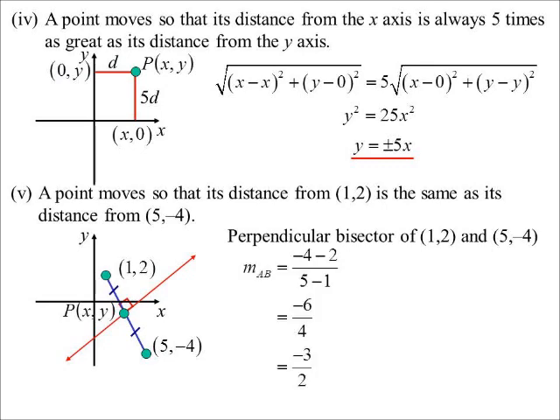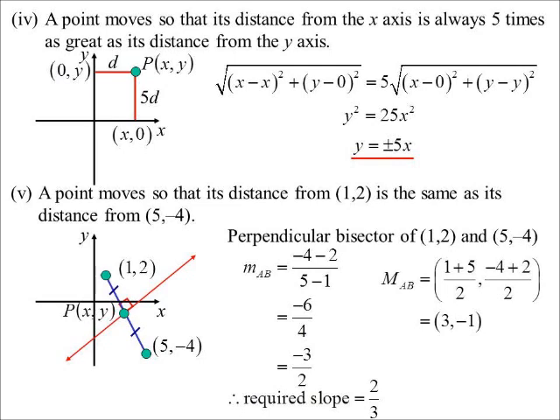So the slope of the blue line is minus 3 on 2. So the red line would be 2/3, the negative inverse. And the midpoint is 3, negative 1. We have a point, we have a slope. So we should be able to come up with an equation. There it is. 2x minus 3y minus 9 equals 0.